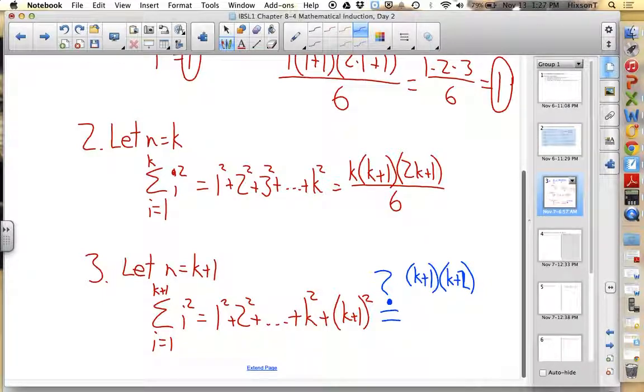And then 2 times the quantity k plus 1 plus 1, 2k plus 3. And then that whole thing is over 6. So now we're going to leave this alone and work with just the left-hand side until we get here.